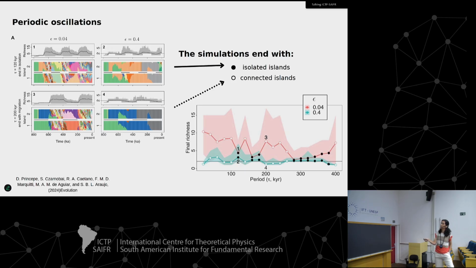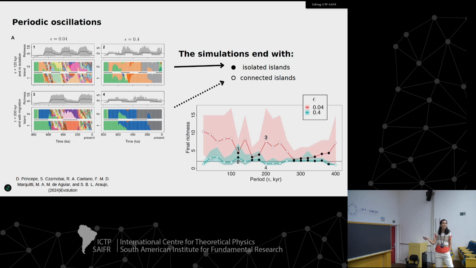And basically what we saw here is, under high migration, as these dots here show, the peaks mean the simulations that end up with a higher number of species are those where the islands end up isolated.